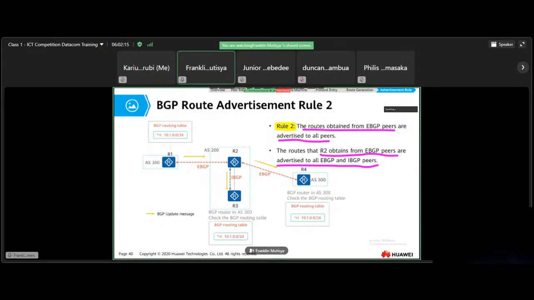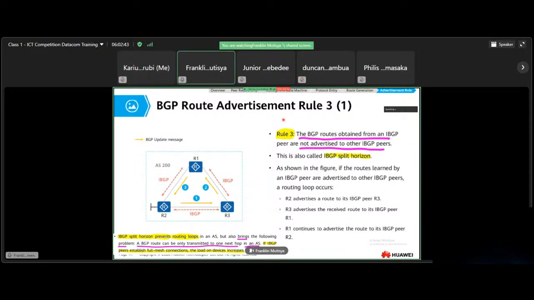The numbers should be different here, though. This one can be something else. So we're saying these routes are advertised to all EBGP and IBGP peers. So router 2, once it receives those EBGP routes, will send them to router 3, which is an IBGP peer, and it will also send to router 1, which is also an EBGP peer, and any other EBGP peer that is on the network.